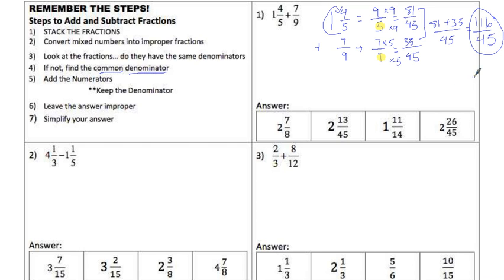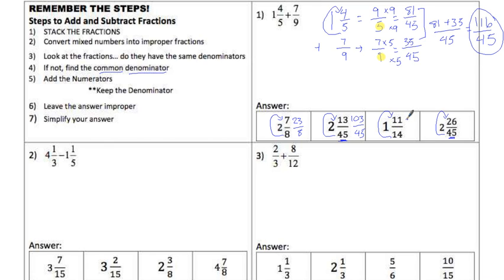Now, if I look at these, my denominator is 45, so this one here or this one here is probably my answer. But turn them improper and find which one matches. So if I turn all of these improper, this one's going to be 23 over 8. This one here is going to be 103 over 45, which does not match.